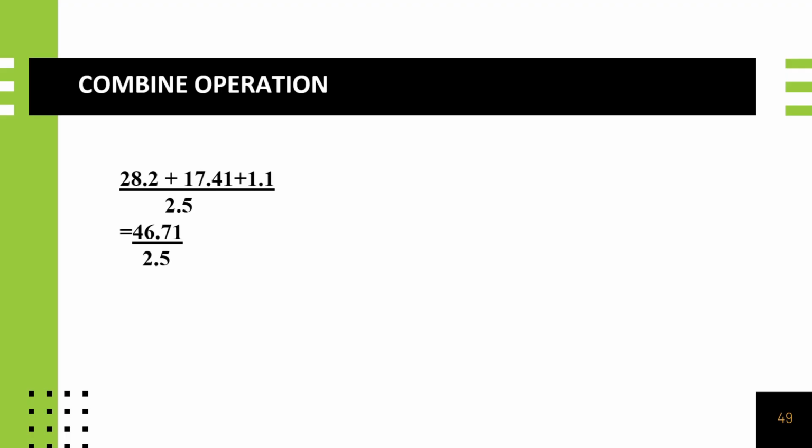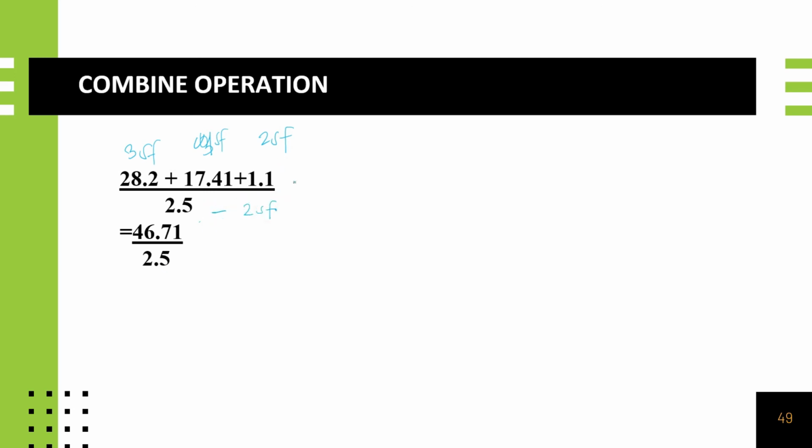Another one is 28.2 plus 17.41 plus 1.1. So again, this is three significant figures. This is another four significant figures, and this is two significant figures. So, divided by two significant figures.